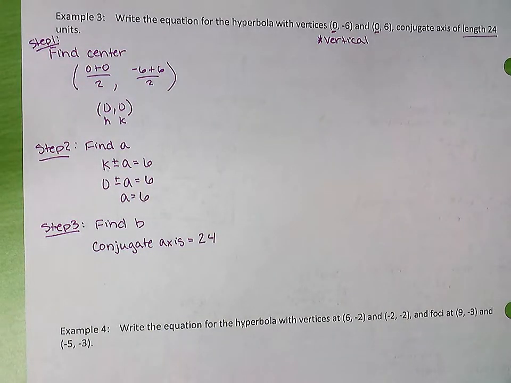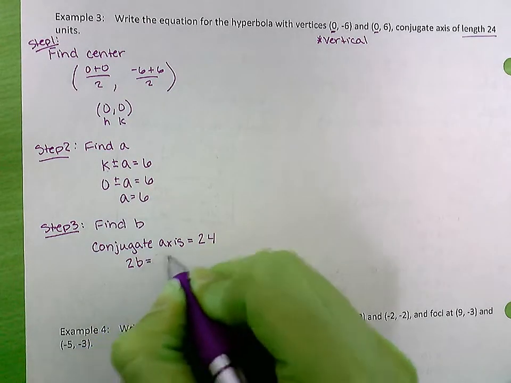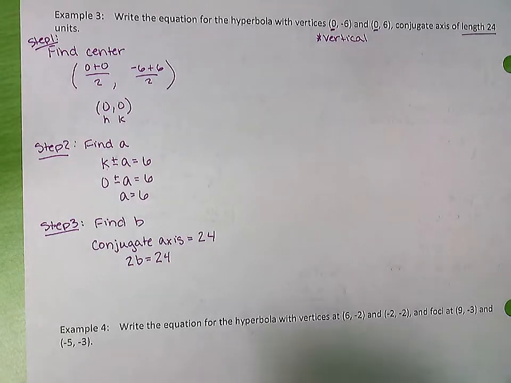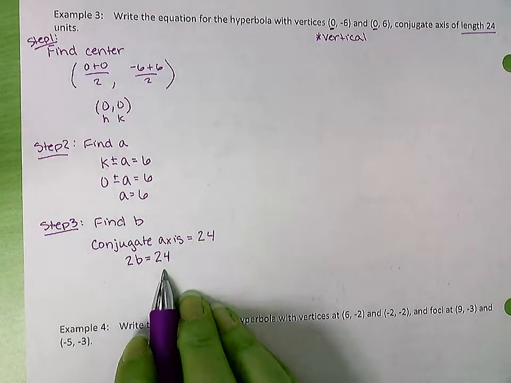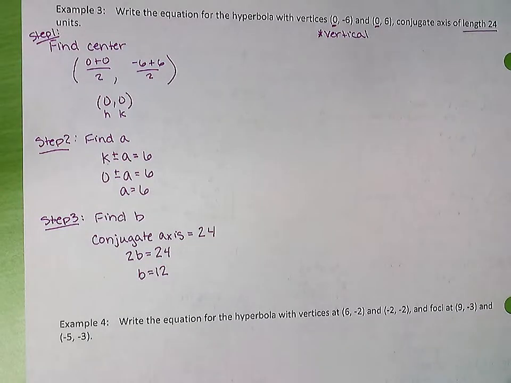To find a conjugate axis, you take 2 times B to get its length. So I can divide by 2, and B will equal 12. If it gave you the transverse axis, that would help you find A. So 2A equals your transverse axis, 2B equals your conjugate axis.